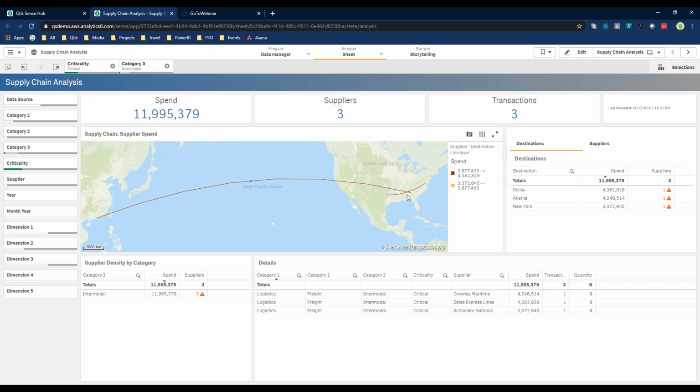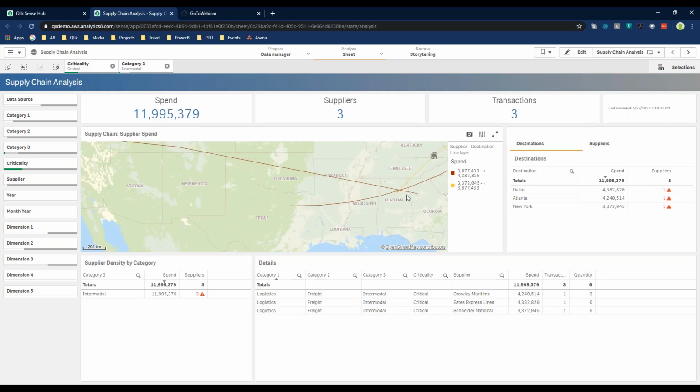So it's not only looking at where the suppliers are located in terms of the products they're providing you, but you also have the ability to look at which plants and which areas are going to be affected. When we bring the data in, we're looking at not only the origin of those products and services, but the destinations as well, so that you can start to see what that impact is.